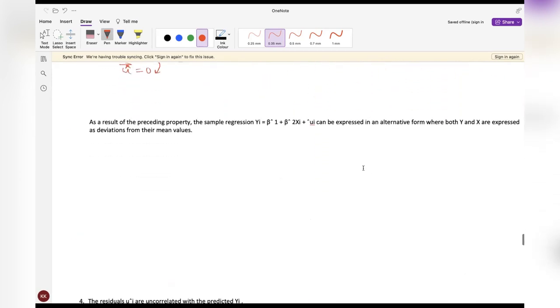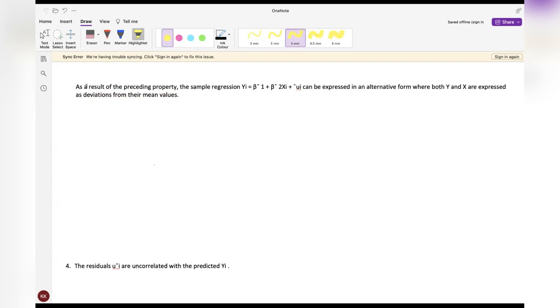Moving on, as a result of the preceding property, the sample regression function yi is equal to beta 1 hat plus beta 2 hat xi plus ui can be expressed in an alternative form where both x and y are expressed as deviations from their mean values. So how do we do that?